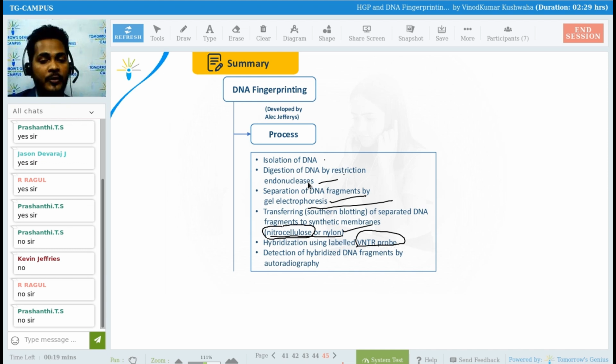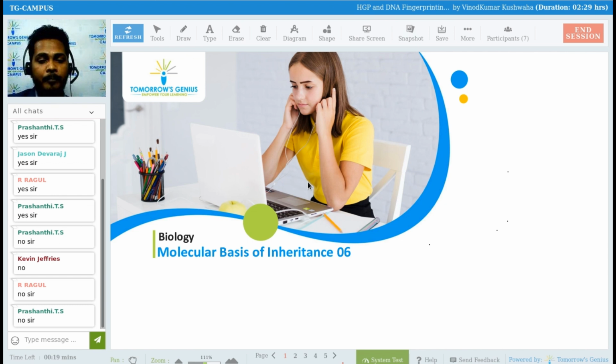Then detection of the hybridized DNA fragments by autoradiography, or simply the X-ray film. Clear? This is the complete process, and we also discussed genomics a little. So this is the complete process of DNA fingerprinting, and now I have completed this chapter.